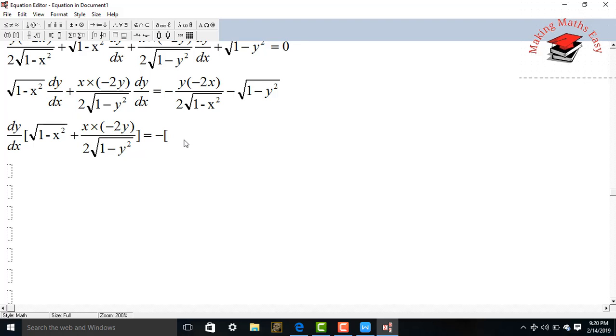And this minus symbol will go, because minus minus becomes plus, since we have taken the minus symbol as a common.